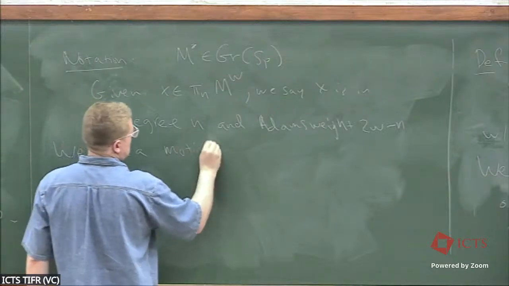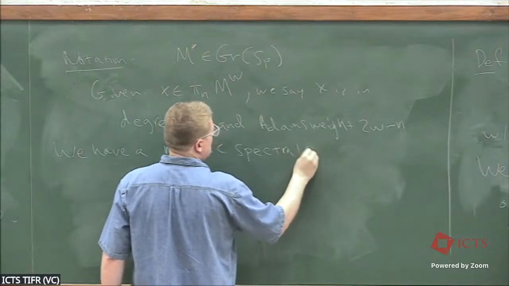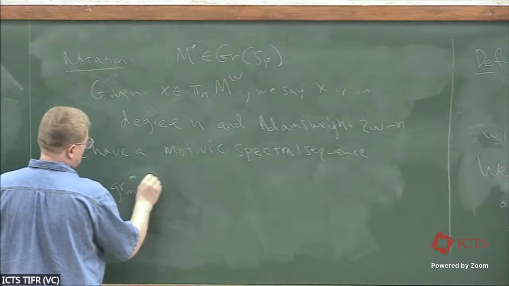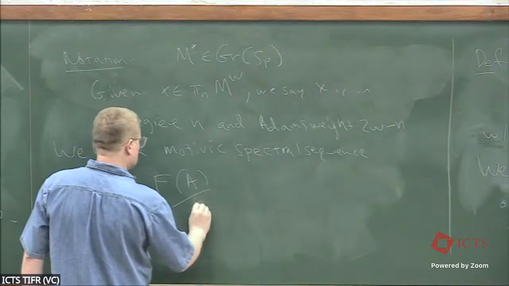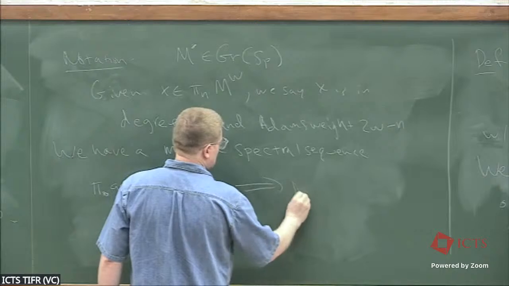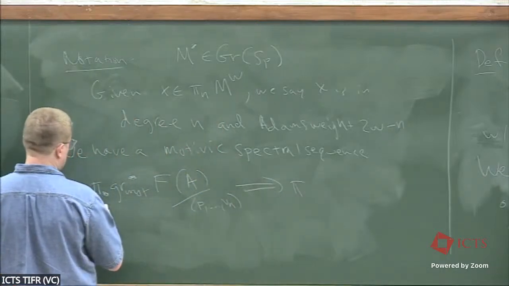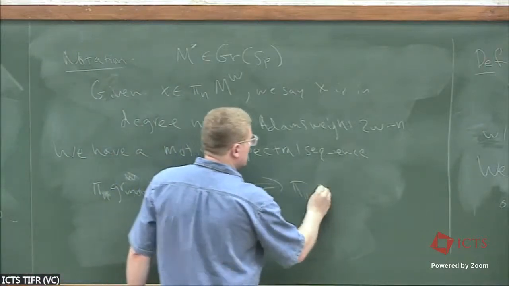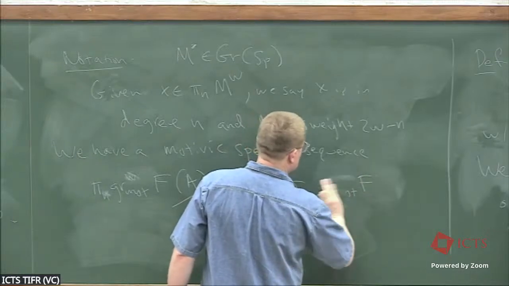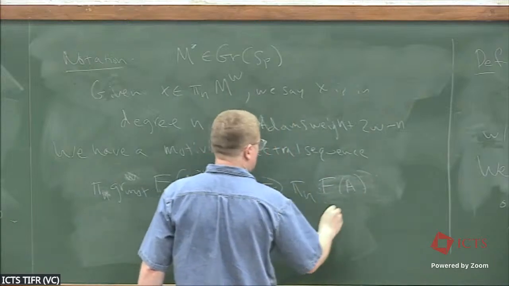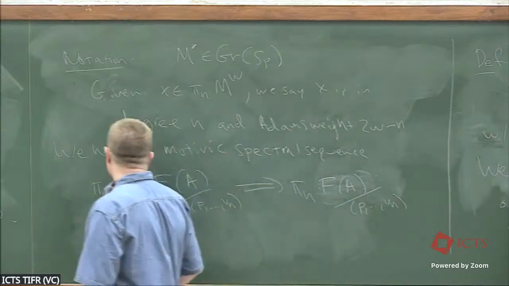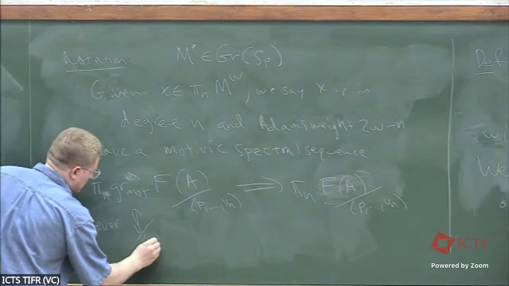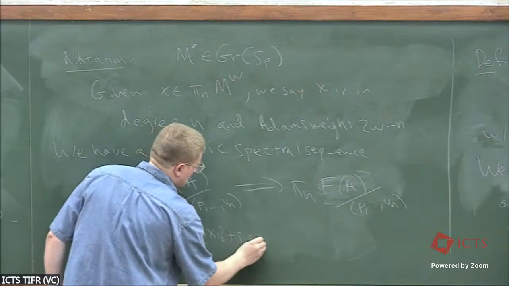And we have a motivic spectral sequence which goes from gr-motivic F of A mod (p, v1, ..., vn) to F of A mod (p, v1, ..., vn). Let me be more precise. So this will be the case whenever S mod (p, v1, ..., vn) exists as a spectrum.